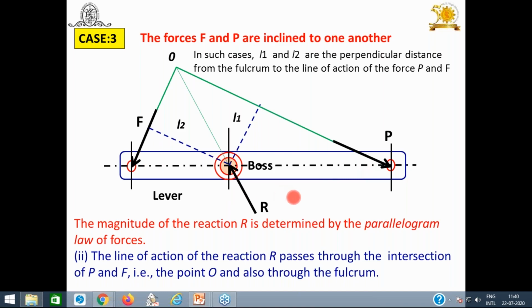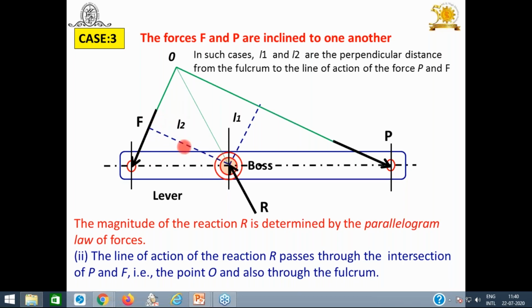Even though it's a first class lever or type 1 lever, try to understand, because the pivot is at the middle, but the forces are inclined. In such a situation, how to locate L1 and L2? For that purpose, you have to locate L1 and L2 from the pivot, as per the usual procedure. But while locating, you have to take the distance carefully. Look at the force F. How are we going to locate L2?